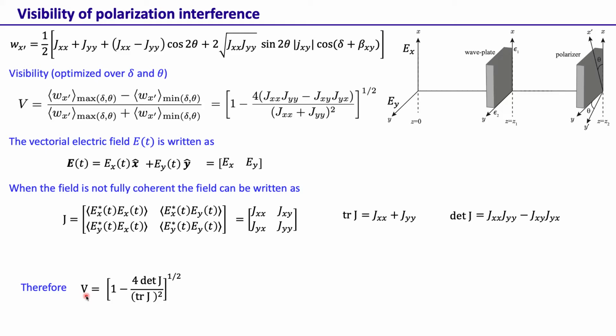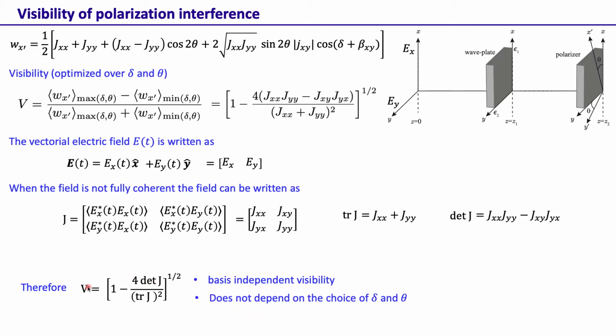So the visibility of polarization interference, this visibility which is optimized by delta and theta, is equal to 1 minus 4 times the determinant of J divided by trace of J whole square, the whole thing raised to the power half. Now this is a basis independent visibility, as it doesn't depend on the choice of delta and theta.